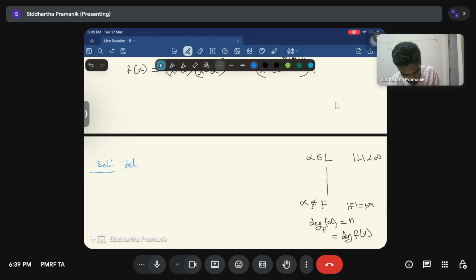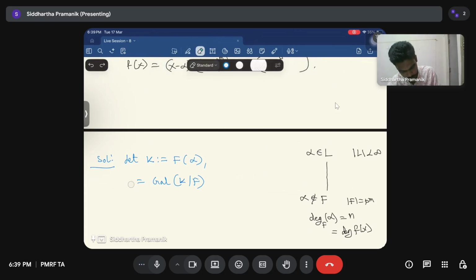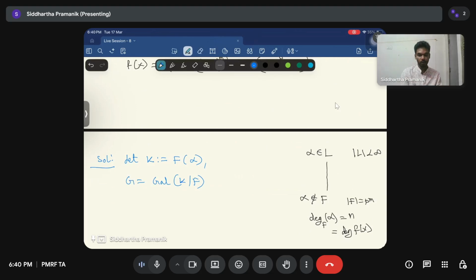So let K be F adjoin alpha, right? So then, okay, let K be F adjoin alpha, and G is the Galois group of K over F.